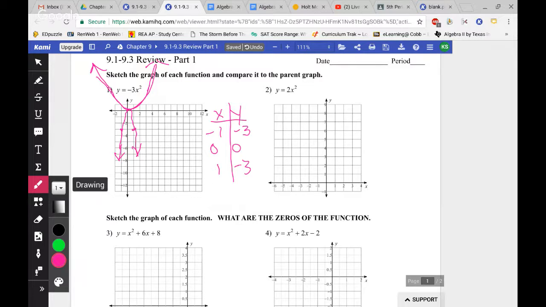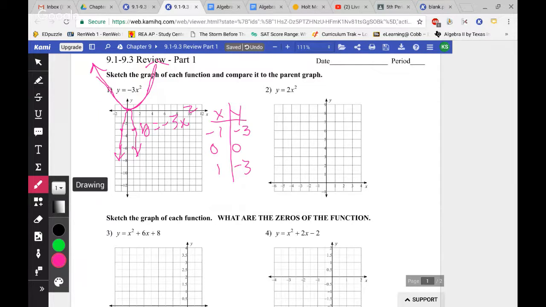For that, just like I said yesterday in class, you can either draw the graphs and make that comparison, or you would just put this as y equals -3x squared.